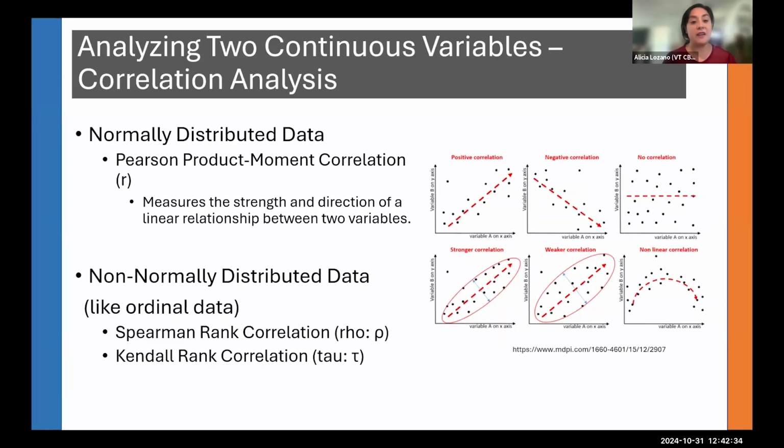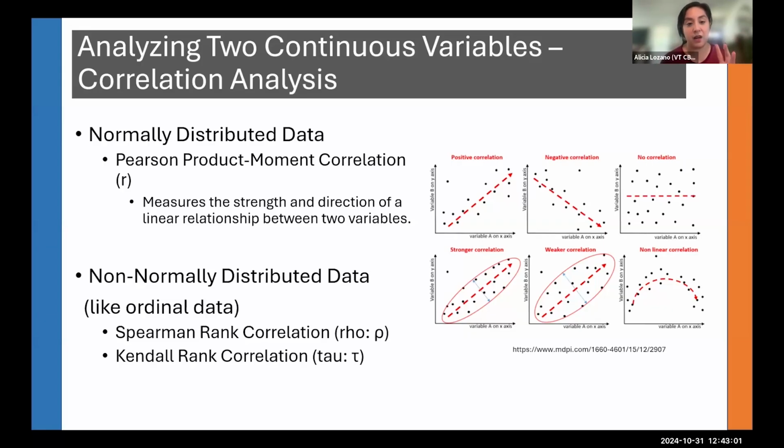All right, and so here is a case where we have two continuous variables. If the two variables that we want to examine are both normally distributed, you would use a Pearson's product moment correlation. This measures the strength and direction of what we're assuming to be a linear relationship between these two continuous variables.